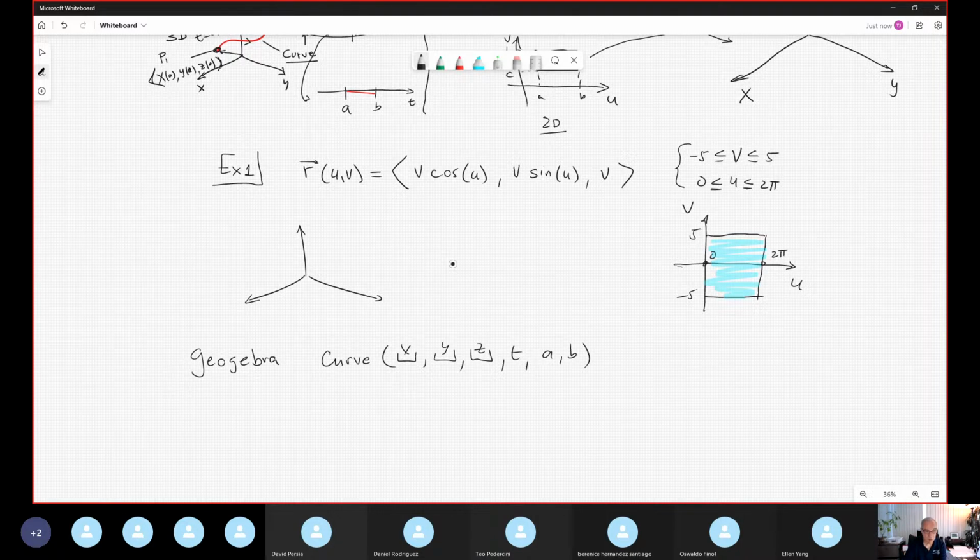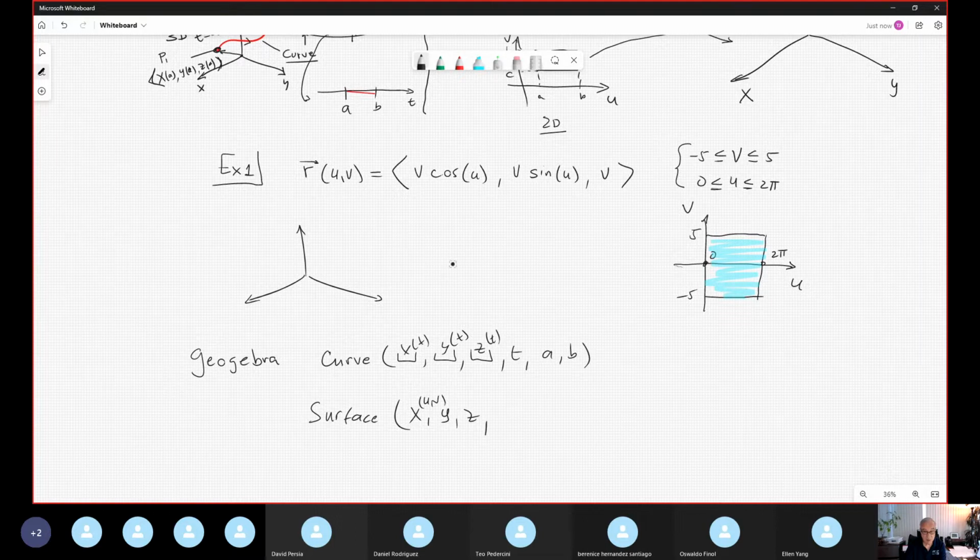Now in GeoGebra we have another function, which is Surface. Wow, fantastic. In parametrization, you declare exactly the same. You declare x, you declare y. Of course, this x is a function of u and b. This is a function of t, this is a function of t, this is a function of t. Y is a function of u and b, z is a function of u and b.